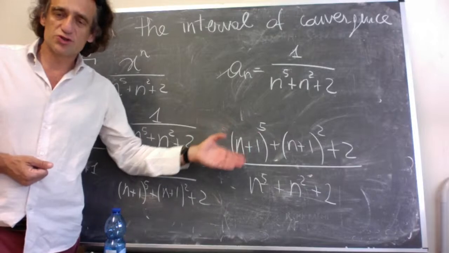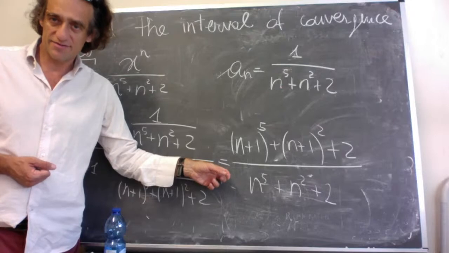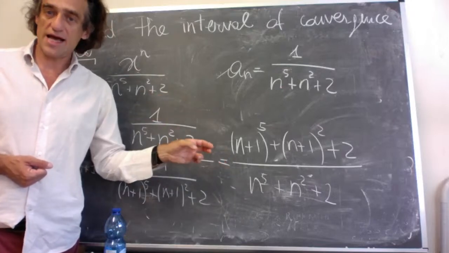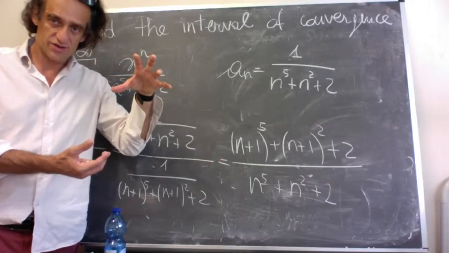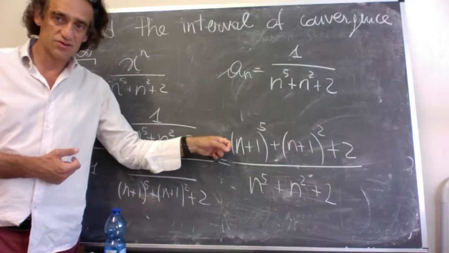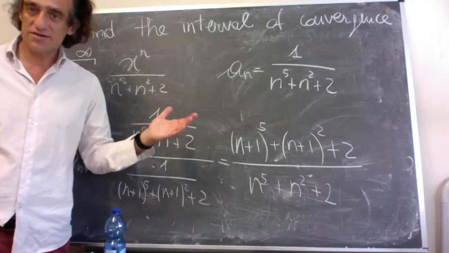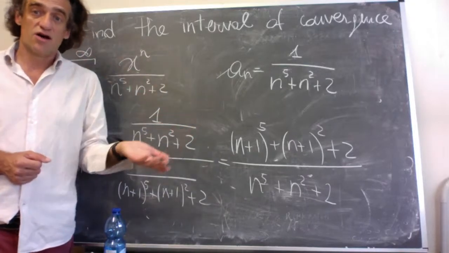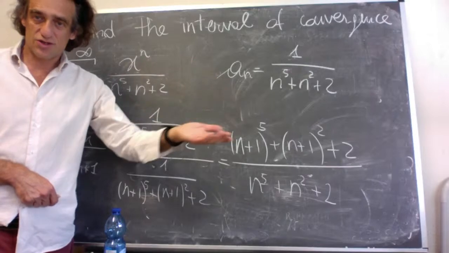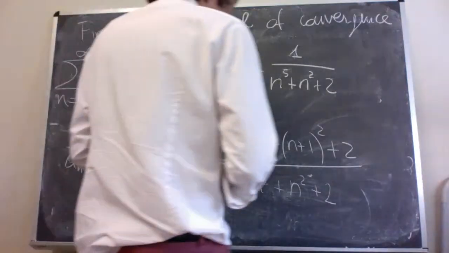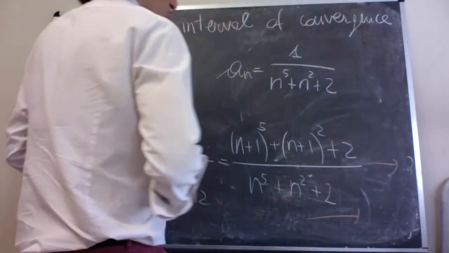Now, this is the ratio between two polynomials of the same degree, which is 5. So when you perform the limit for n going to infinity, the limit is equal to the ratio of the coefficient of n to the 5th power here and n to the 5th power here. Simply the limit of sequences, or if you want, the limit of a ratio of polynomials as x goes to plus infinity. So let me draw an arrow: this tends to what?